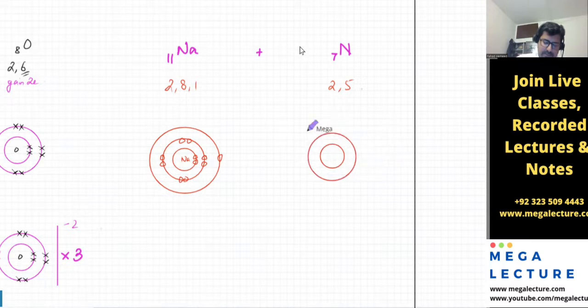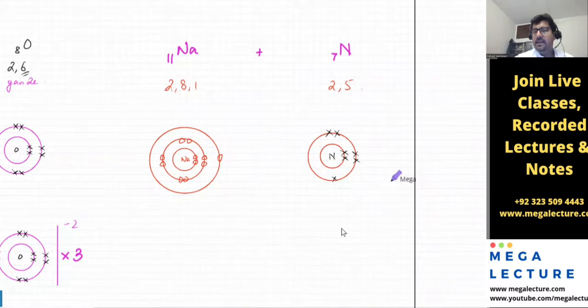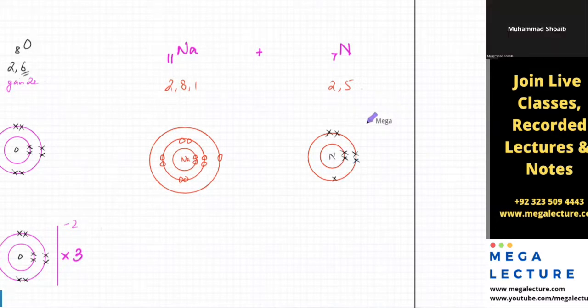It's right now 2 and 5. How many does it need to complete its outer shell? 3, sir. So it needs 3, right?